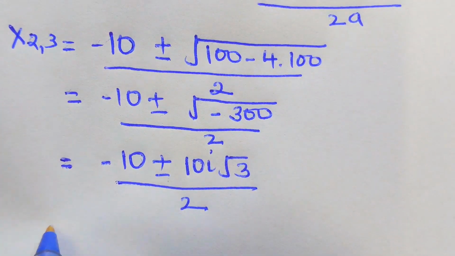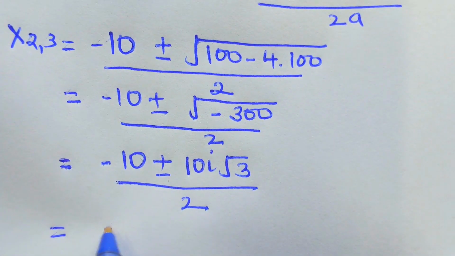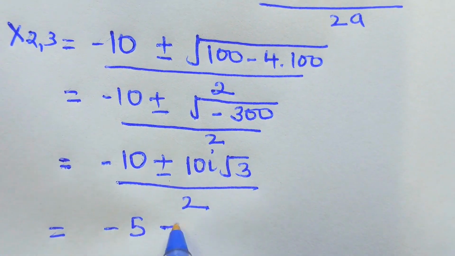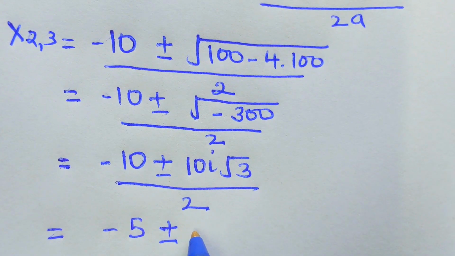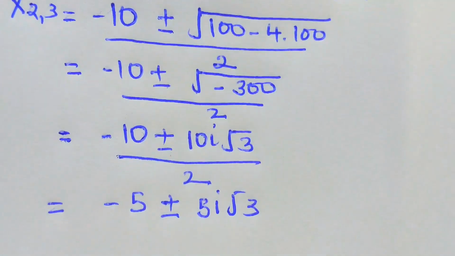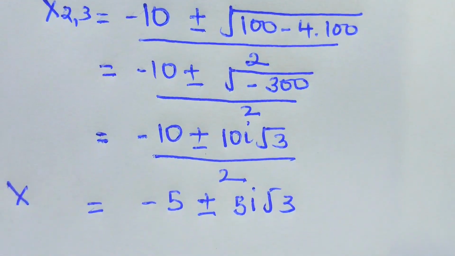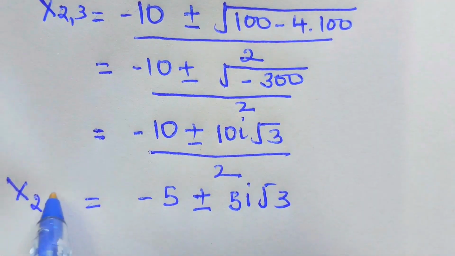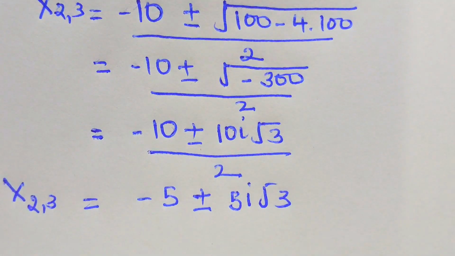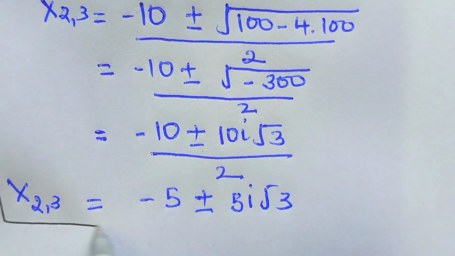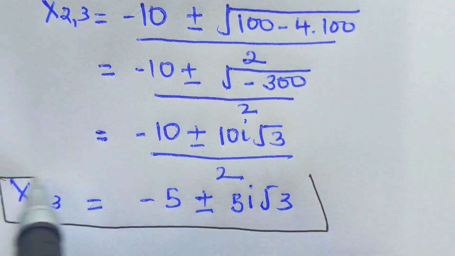This will be negative 5 plus or minus 5i square root of 3. This is our x2 and x3.